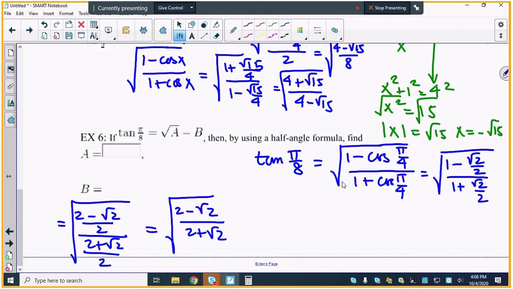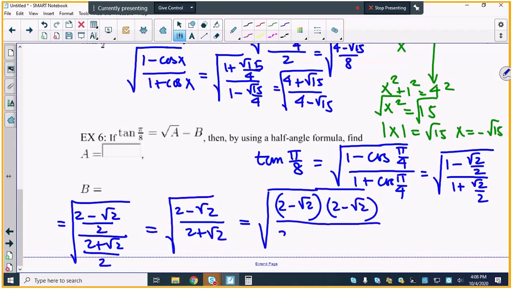But remember, your answer should be of the form square root of a minus b. So what you do at this point is called rationalizing the denominator. So what does that mean? You write it as 2 minus square root of 2 on the top times 2 minus square root of 2 on the top, over 2 plus square root of 2 on the bottom times 2 minus square root of 2 on the bottom.